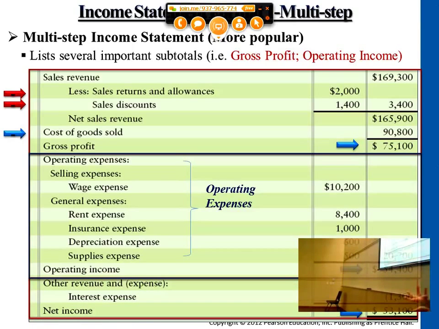These are even more minor. So if you borrow money, you may have interest expense, or if you lend money to others, you may have interest revenue, or if you trade assets, later in Chapter 9 we'll talk about gains and losses on trading assets. All the other minor expenses and revenues that don't really relate to daily operations of selling the product will fall into this category. Some businesses may not even have this category, then they will have the same amount of operating income, which equals net income.